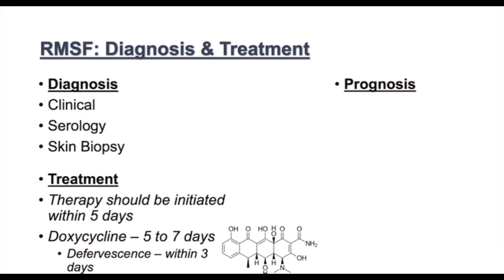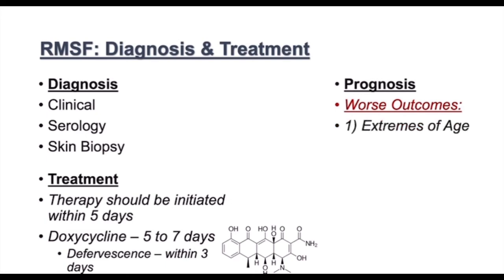So what's the prognosis? Generally, if left untreated, mortality can be as high as 20 to 30%, so can be a very lethal infection. Worse outcomes for prognosis can be determined by several different factors. One is extremes of age. So adults greater than the age of 60 generally have worse outcomes.